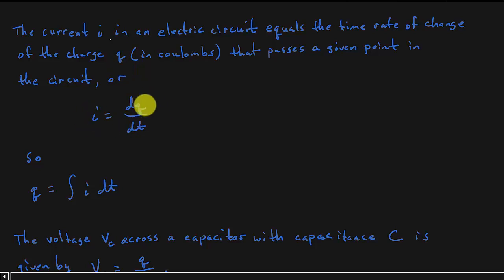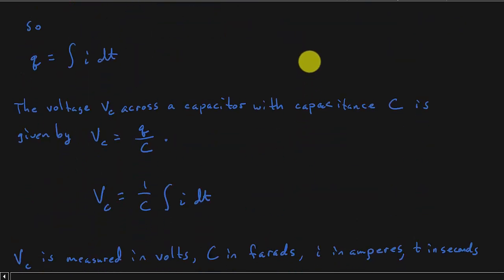So that means the current would be the derivative of the charge. So I is equal to dq/dt. So if we integrate both sides, we would have Q is equal to the antiderivative of I dt, or the integral of I dt.